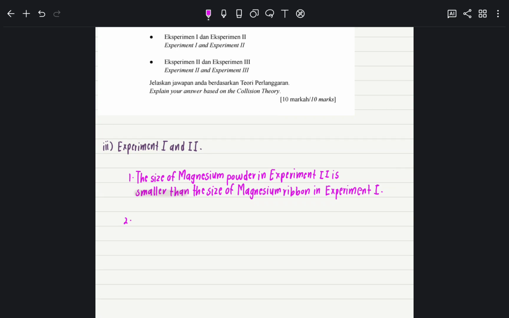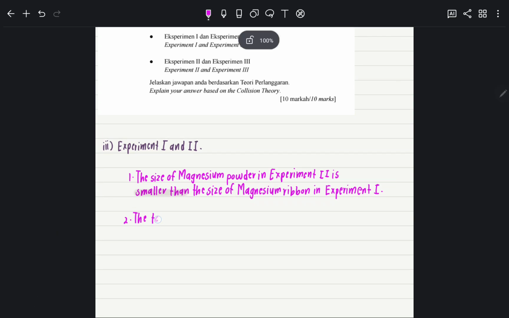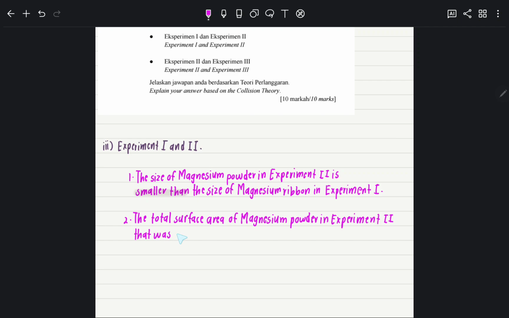You just say the total surface area of magnesium powder in experiment 2 that was exposed is greater than, because powder is smaller, so its area is greater.